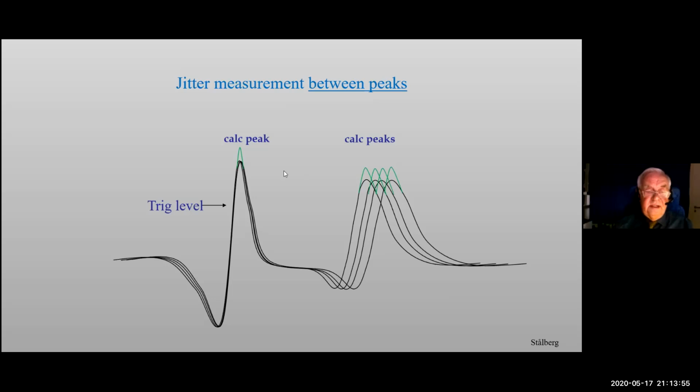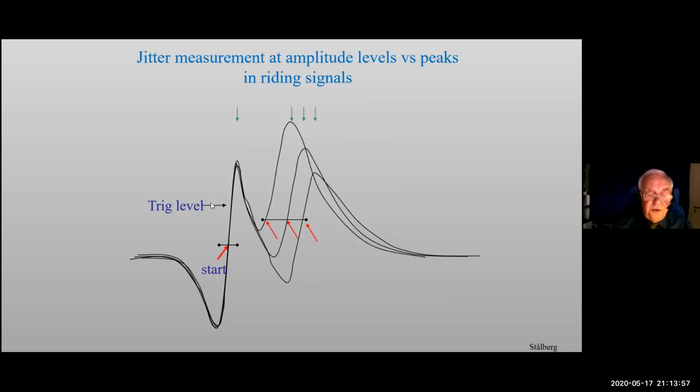It is true if the signals are separated, but if they are riding on each other, which is relatively common, then if we measure with the amplitude level, you can see that here we are measuring on the bottom part of the signal, and here we are measuring in the middle part of the signal.